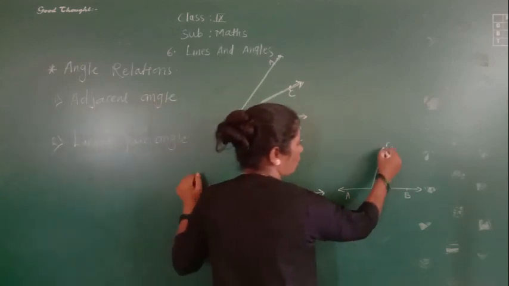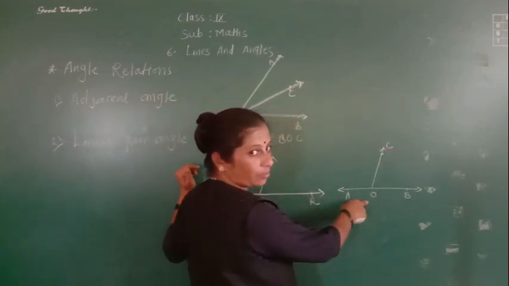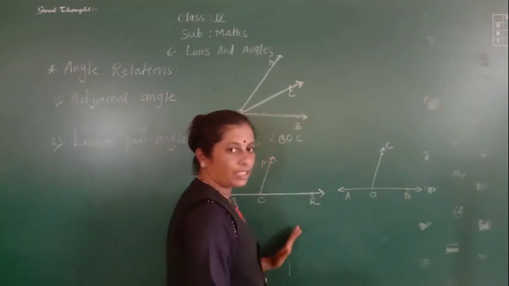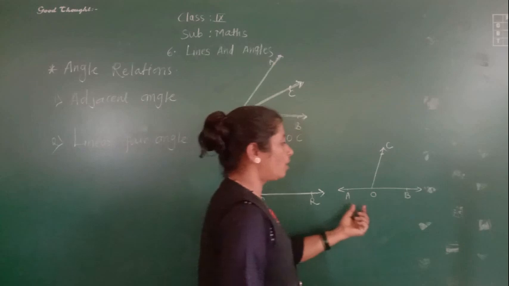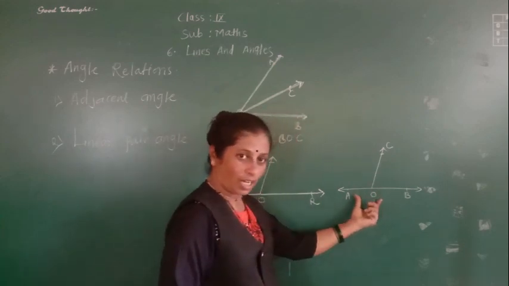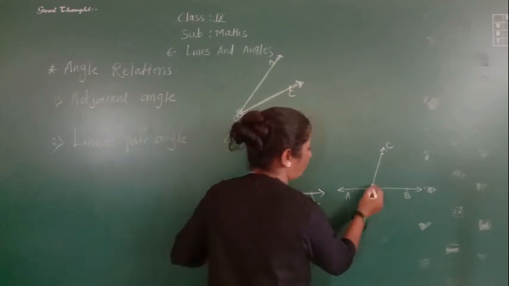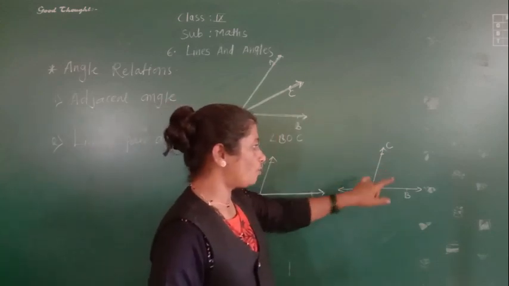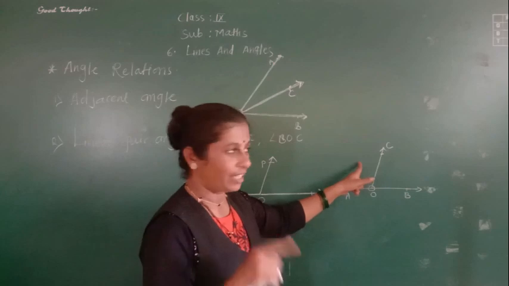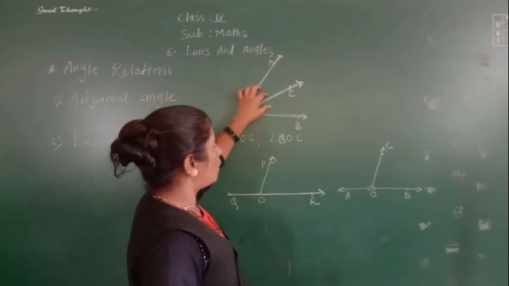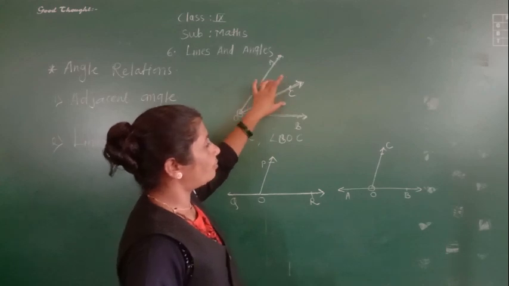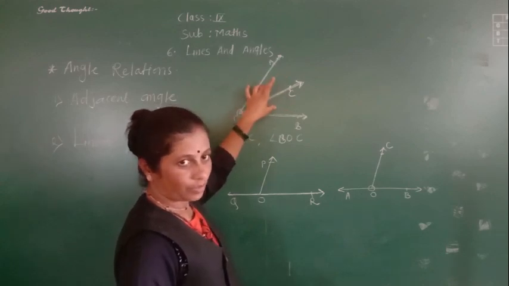So this OC is the common arm, then OA and OB are the two opposite arms, meaning these two are non-common arms, right? O is the common vertex, right? We can say these two angles are adjacent angles where the non-common arms are on either side of the common arm. Okay?